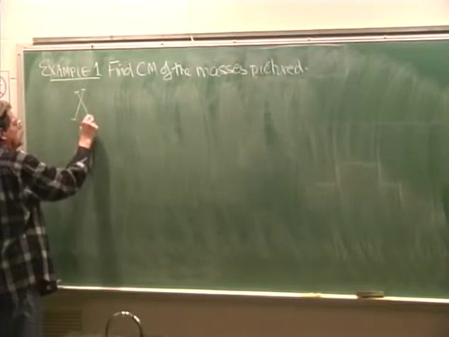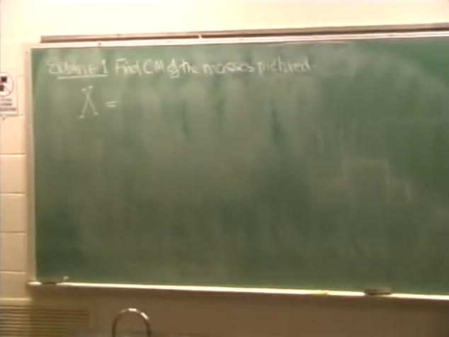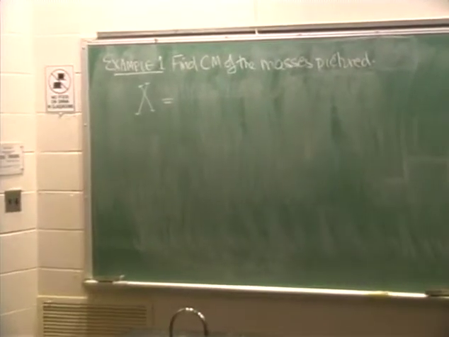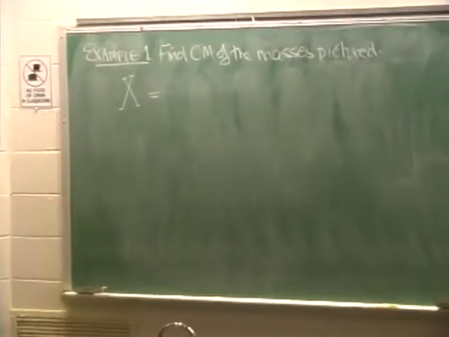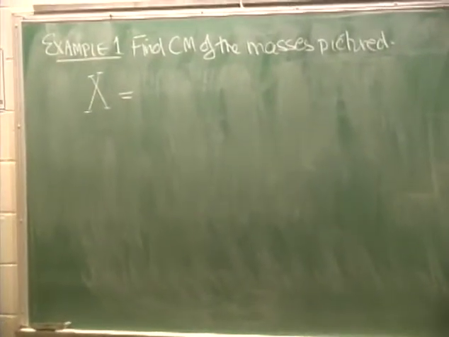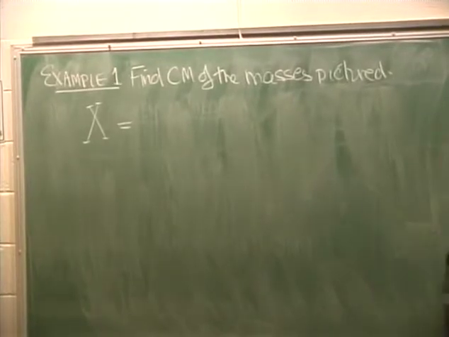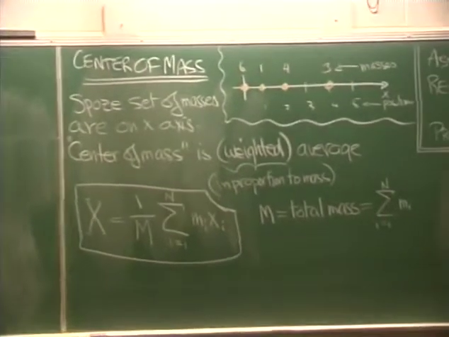X equals, first of all, the total mass. What's the total mass of the whole works? These were the masses. These are the positions. So the masses are 6, 4 is 10, 1's 11, 12, 13, 14. I see a total of 14 there. So 1 over 14.